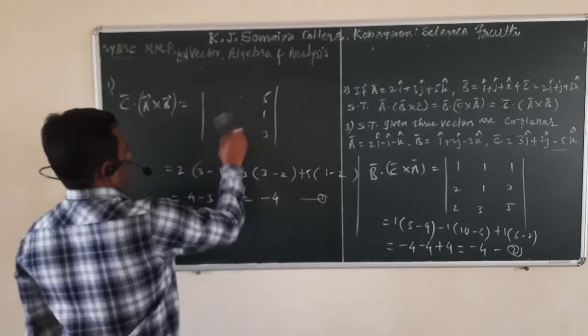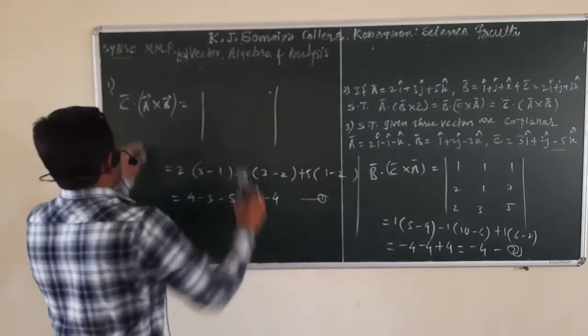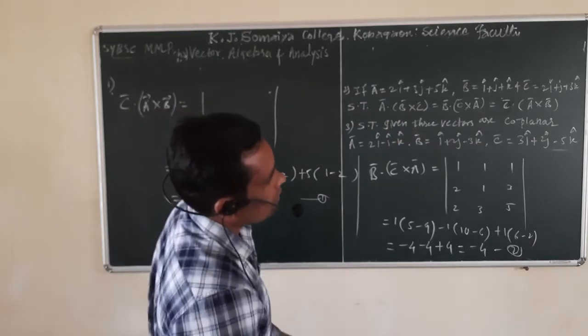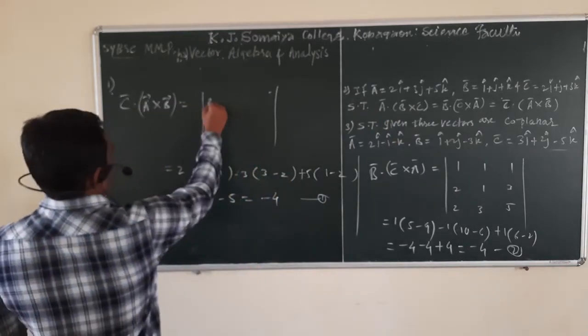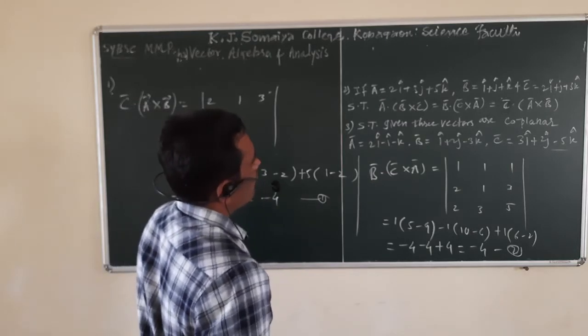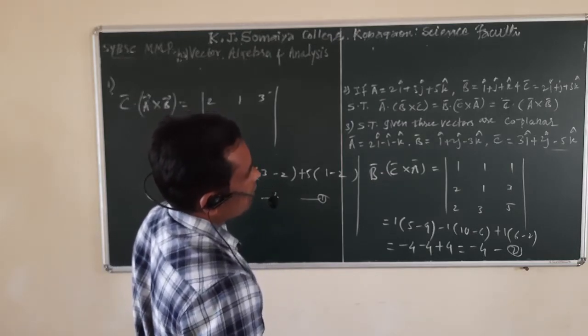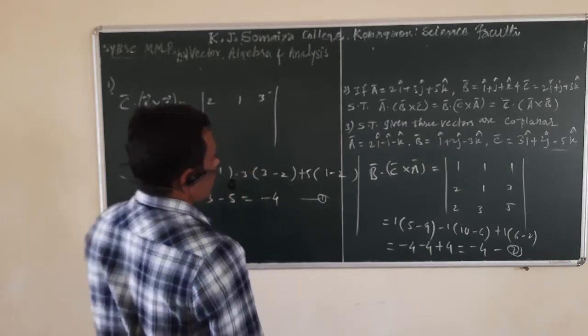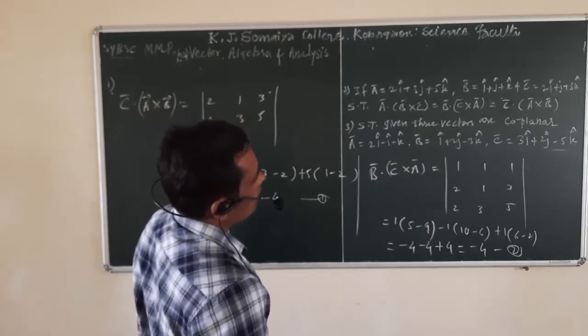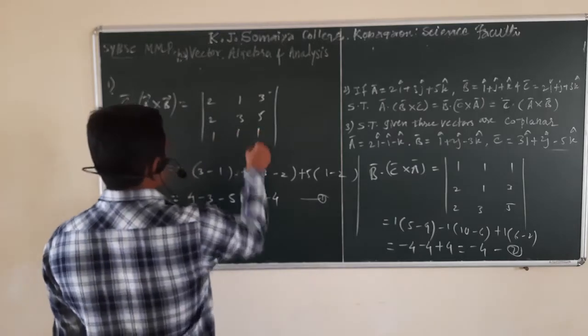Now C, what are the components of vector C? 2 1 3. Then components of vector A are 2 3 5, and components of vector B are 1 1 1.